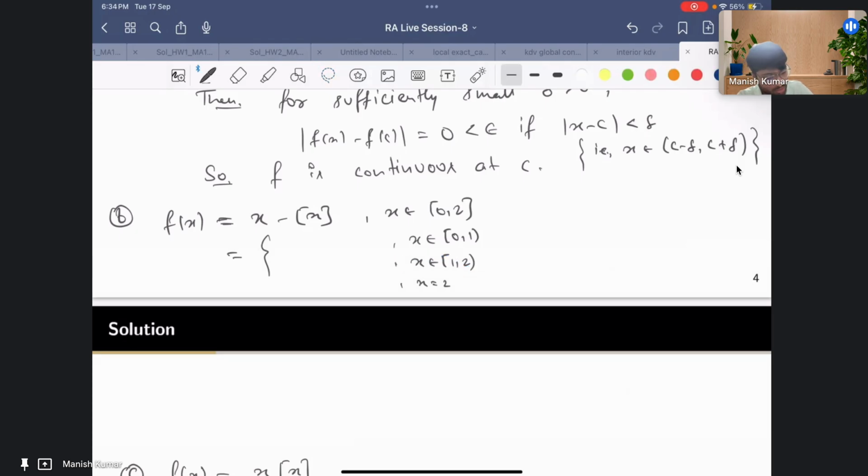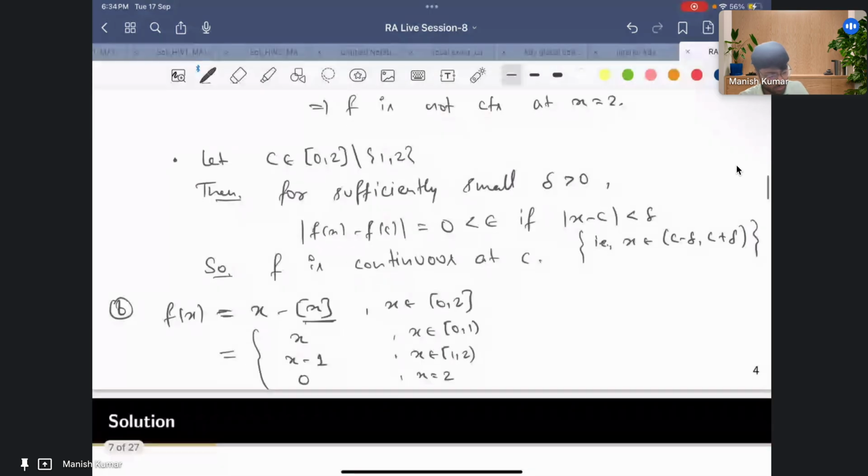In 0, 1 I know the box function is going to be 0, so f(x) is just x. In 1, 2 I know the box function is 1, so it will be x minus 1. At x equal to 2 the function is going to be 2 minus 2, which is 0, correct? So this is my function.